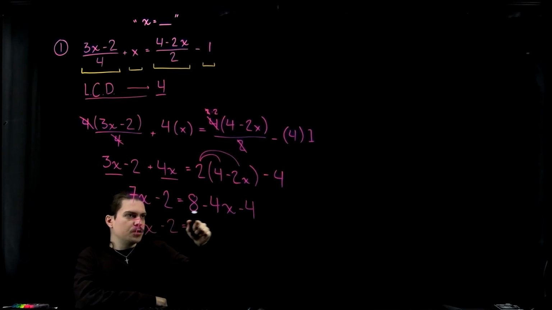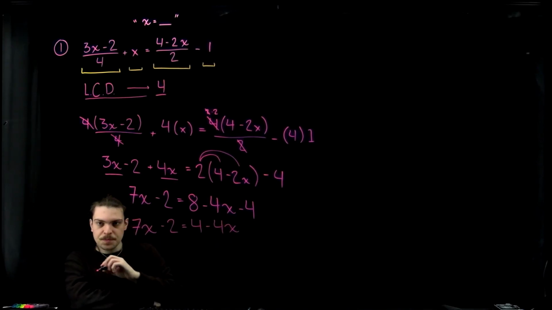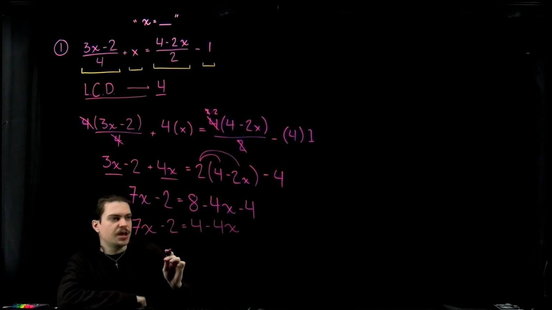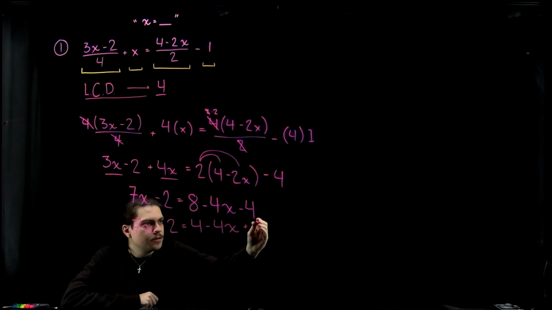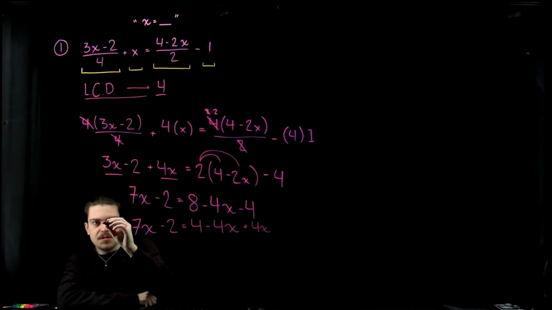And over here, I'll put this 8 and minus 4 together to just give me 4 minus 4x, right? And then I'll say, okay, maybe I want my x over here on this side. So I'll add 4x. I'll do the same thing over here, adding 4x.